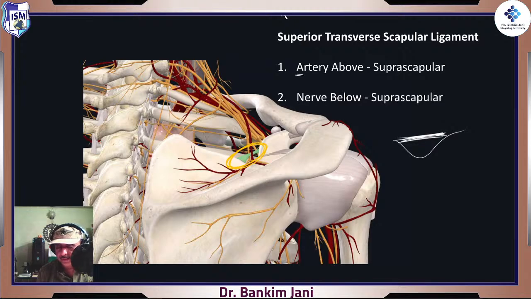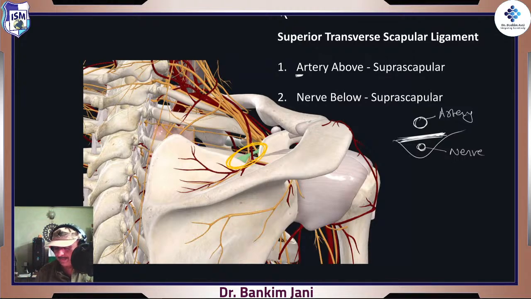So the artery is above, and the nerve is below. Army is above, navy is below, right?